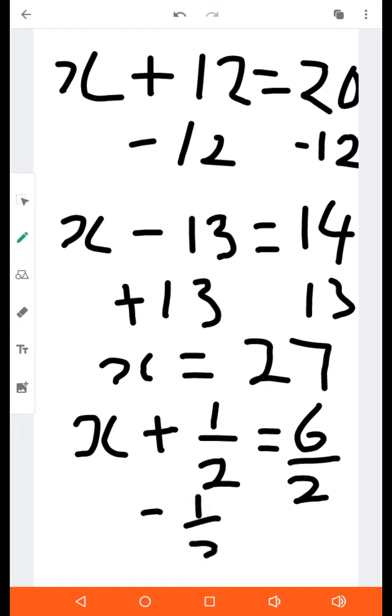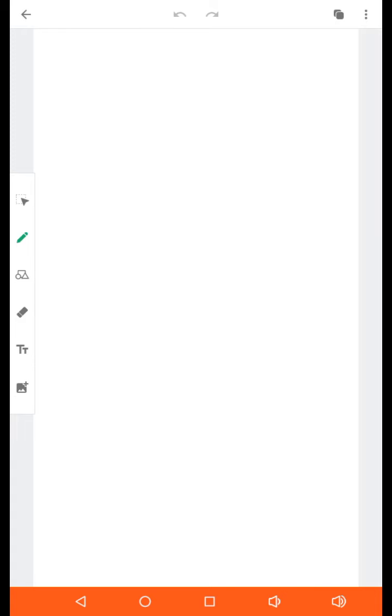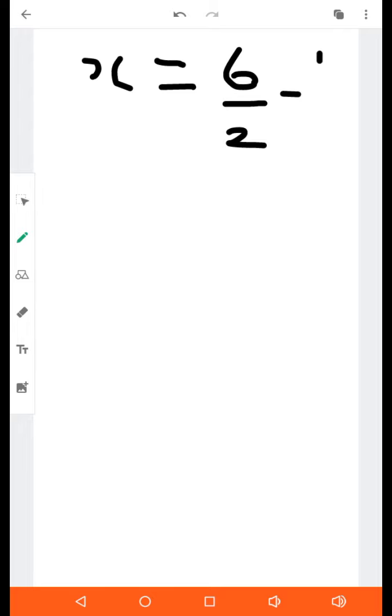We are supposed to add it to both sides of the equal sign. That will give us x is equal to 6/2 minus 1/2. So that gives us x to be equal to 5/2.